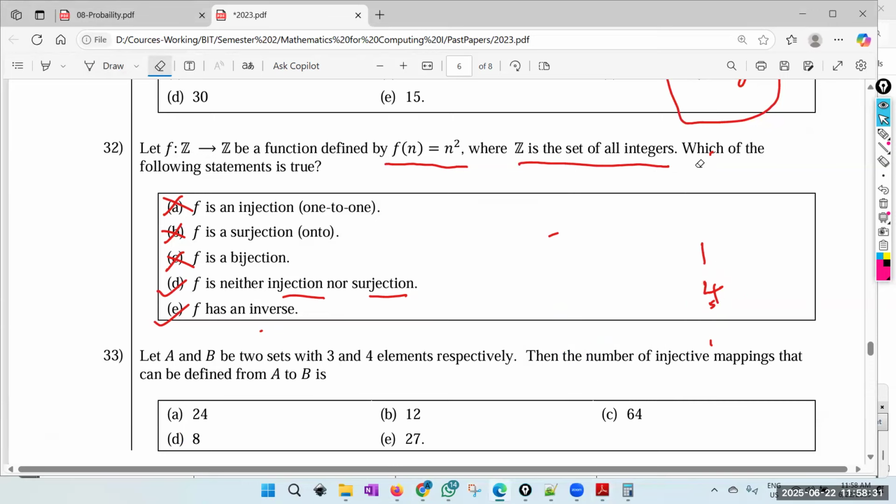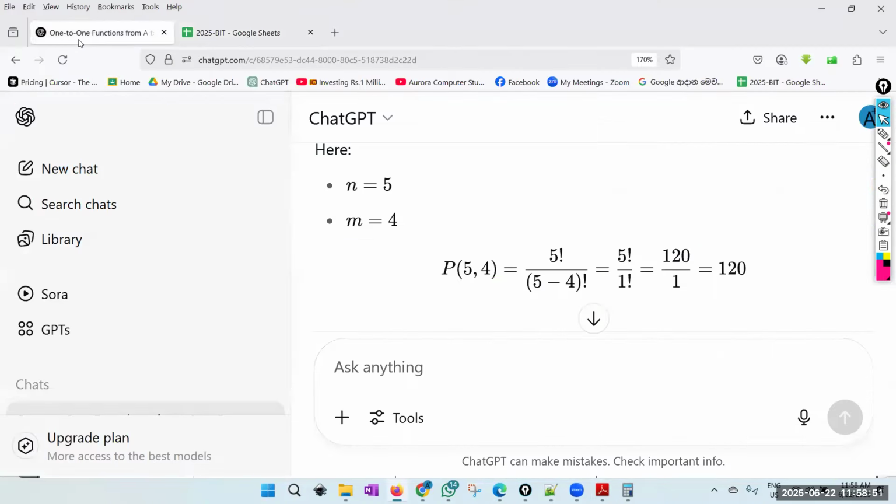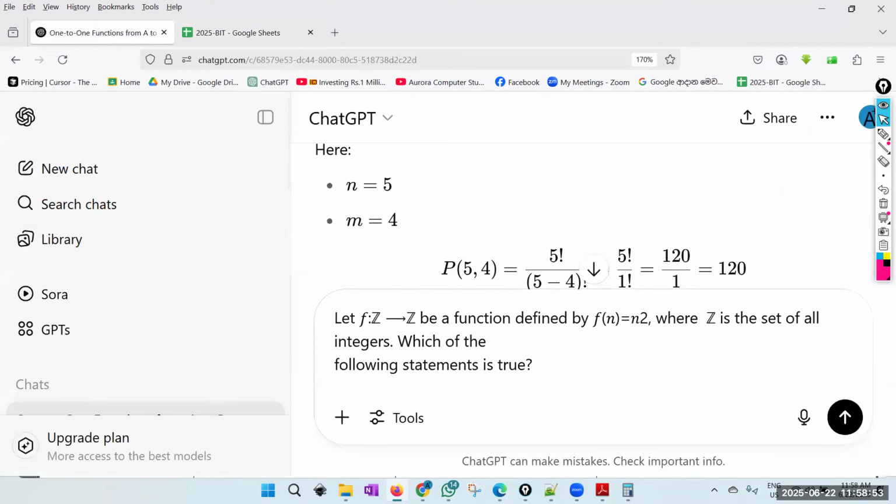So I can't put it into ChatGPT because I have run out of resources. Right. Let's see. So this should be n squared.